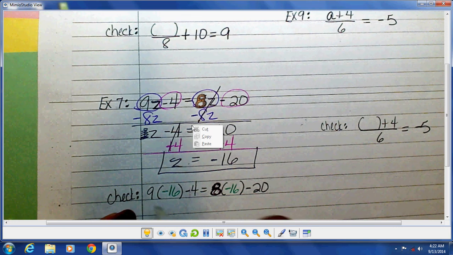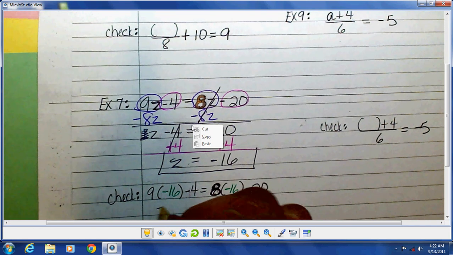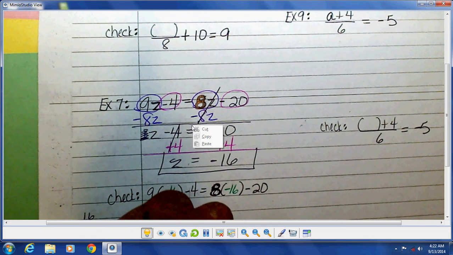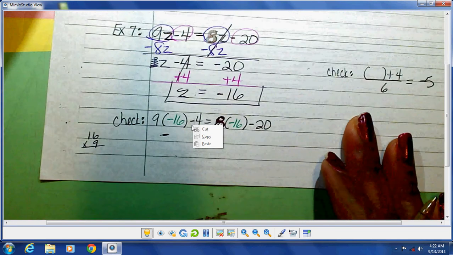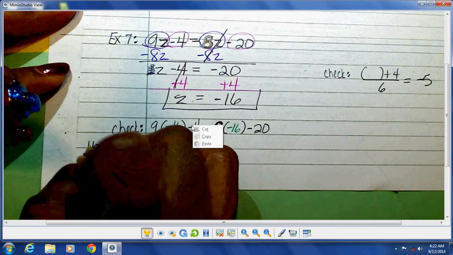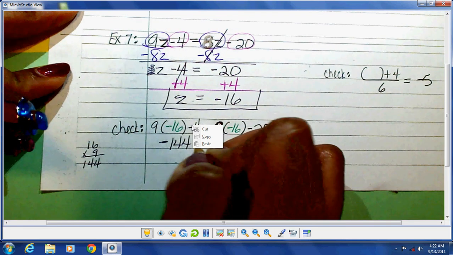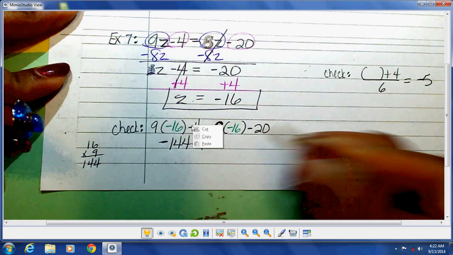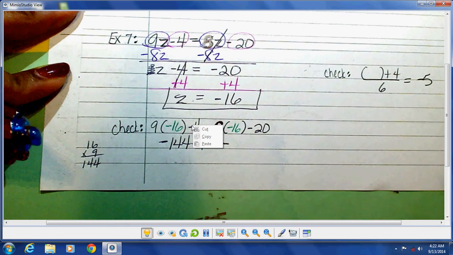Okay, we have 9 times negative 16, which we know is going to give us a negative. Now move over to the side and multiply 16 times 9. That gives me negative 144. Minus 4 equals. Now we have 8 times negative 16, which is going to give me a negative as well.